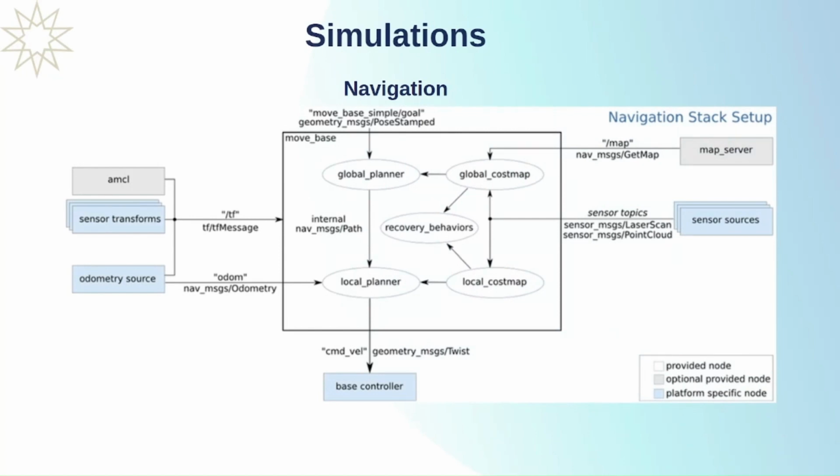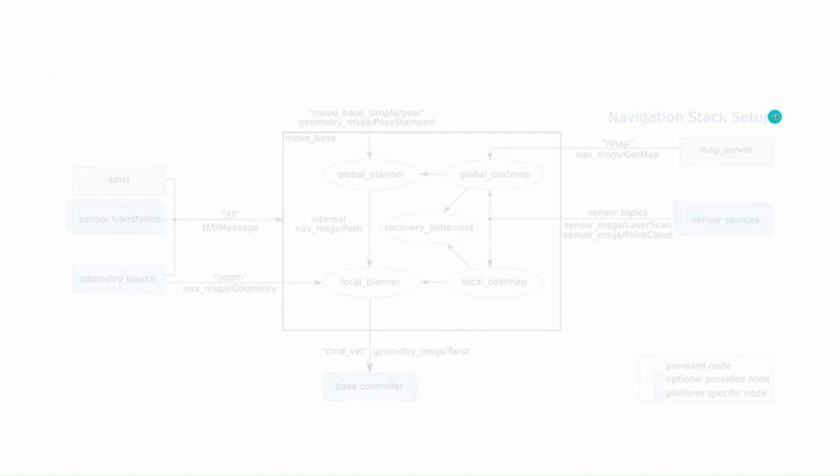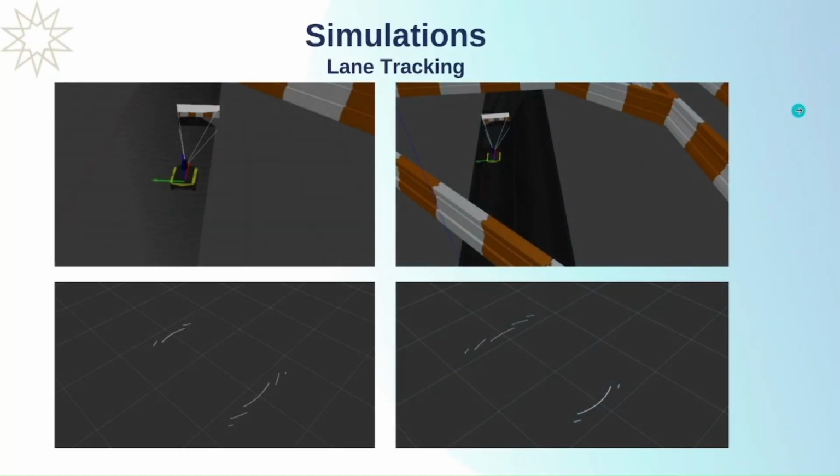This is the ROS navigation stack that we used in this project for navigation. We wrote some code for lane tracking, and we used this data in SLAM.